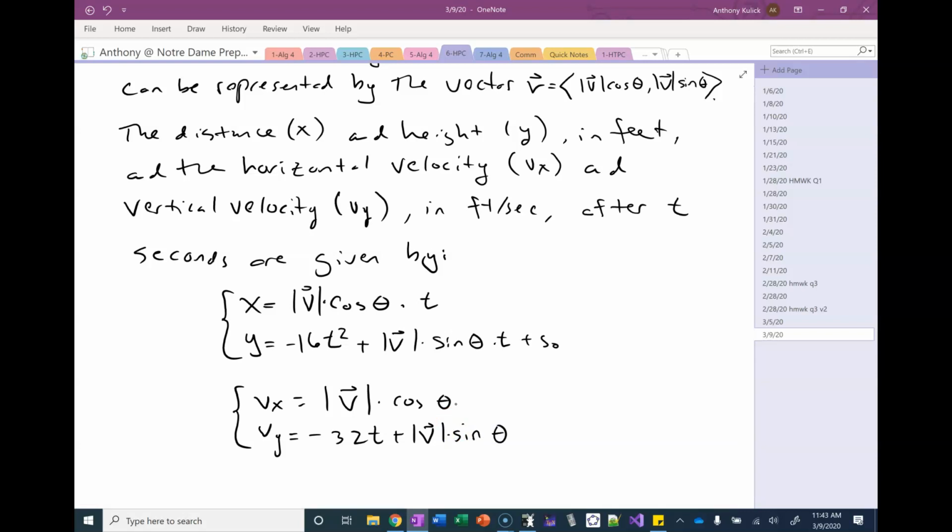So those two sets of equations are x is equal to the magnitude of v times cosine theta times t. y is equal to negative 16t squared plus the magnitude of v times sine theta times t plus s naught. The second set of equations, vx is equal to the magnitude of v times cosine theta, and vy is equal to negative 32t plus the magnitude of v times sine theta.